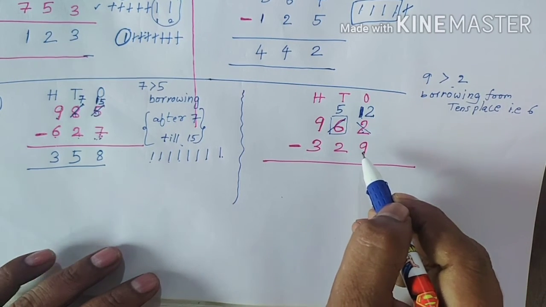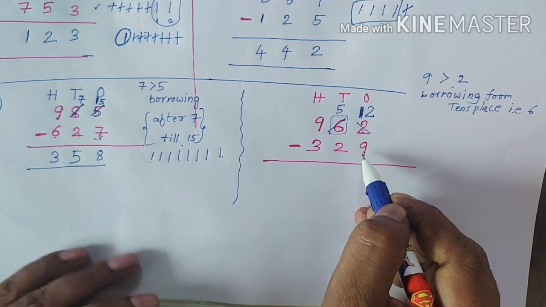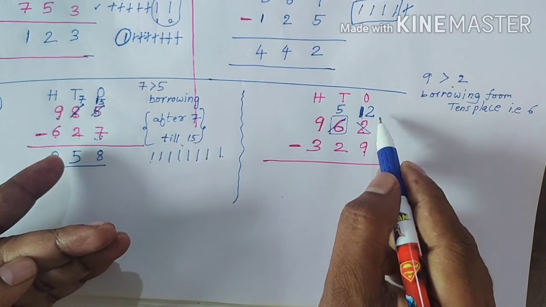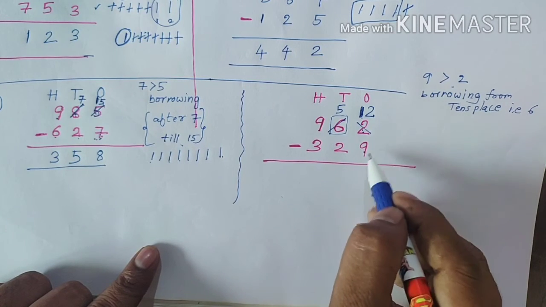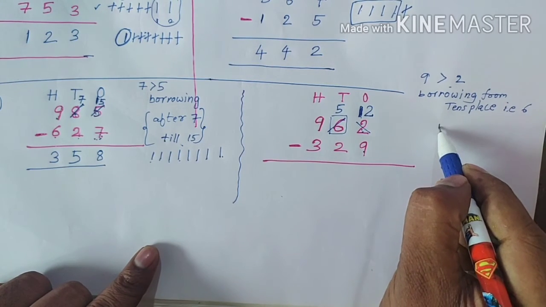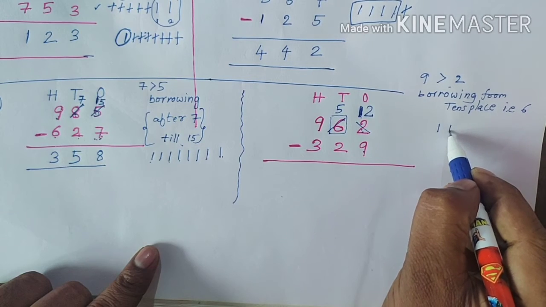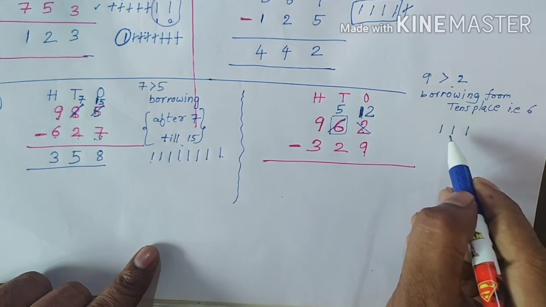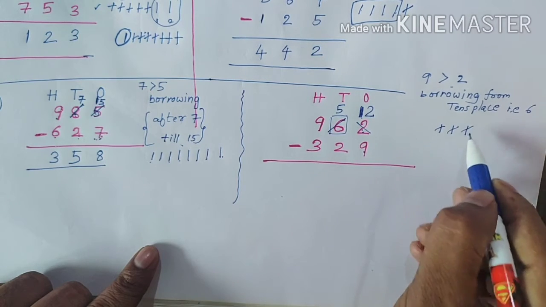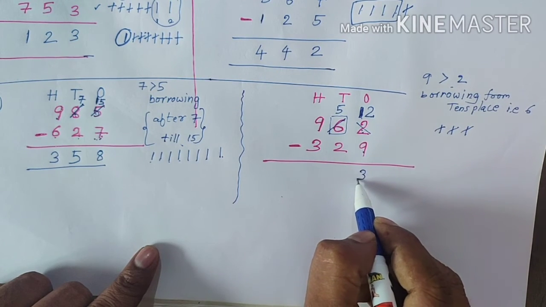You have to start counting after 9 till you reach 12. So after 9 you got 10, 11, 12. Stop with 12 because we have 12. So count the numbers: 1, 2, 3. So write 3 here in the ones place.